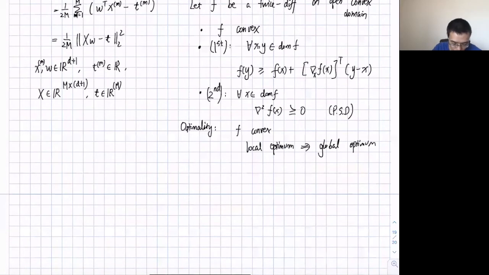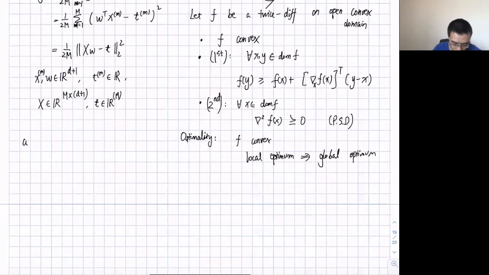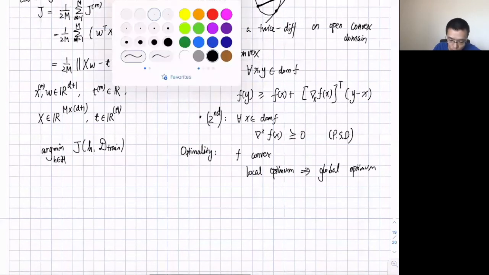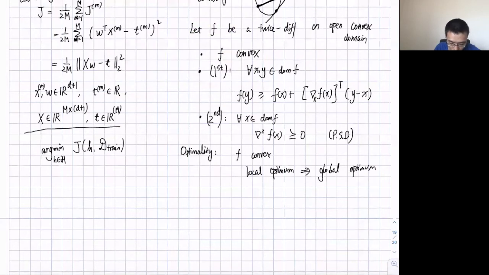So let's remind ourselves. Originally my task is to find such an H in my hypothesis class that minimizes J of H, as well as my training data, right? But with the linear regression model defined here, the hypothesis is a parametric form. You only have linear curves, and it's parameterized by your W, or B, okay? B is omitted here.